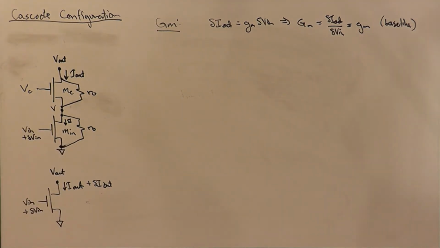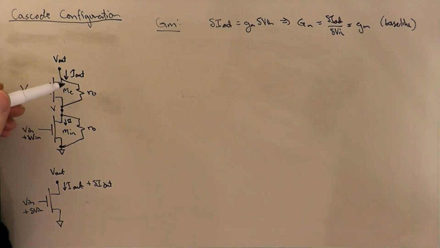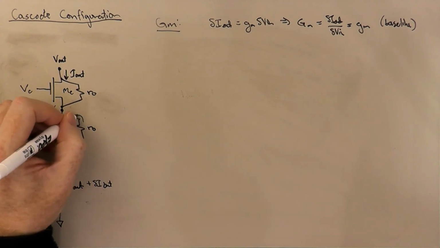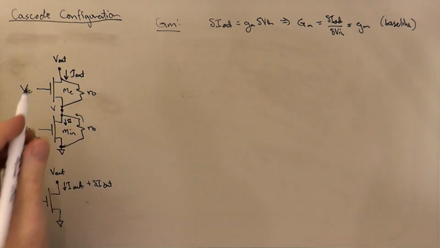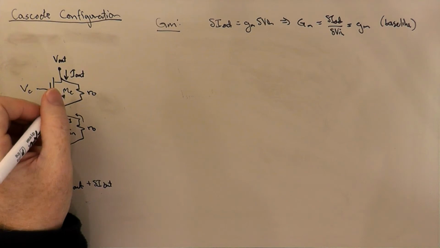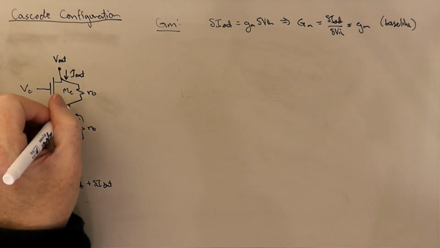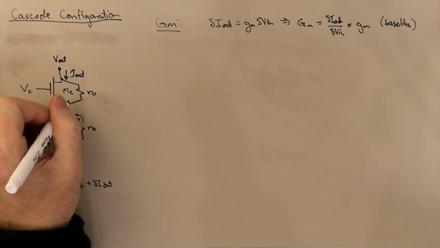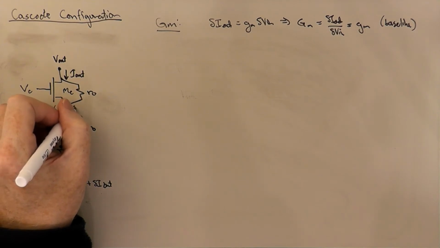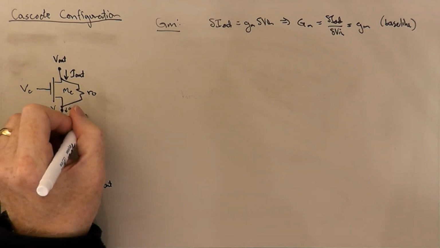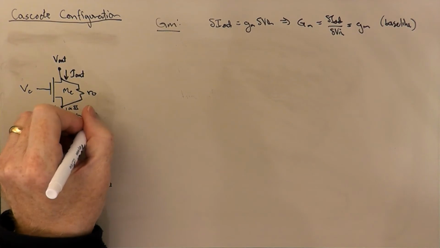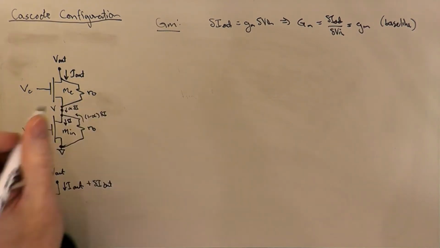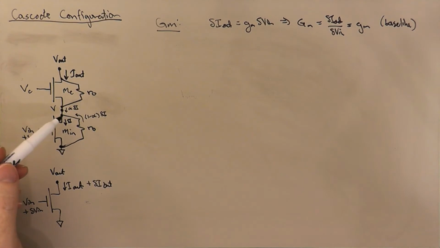We're going to see a two-way current divider. Some of that current is going to come from the RO, and some of it is going to come from above. We can call the amount that comes from above alpha times delta I, and the amount that comes from the RO is 1 minus alpha times delta I. Alpha is our current divider ratio, and we're interested in what fraction of the delta I makes it to the output.